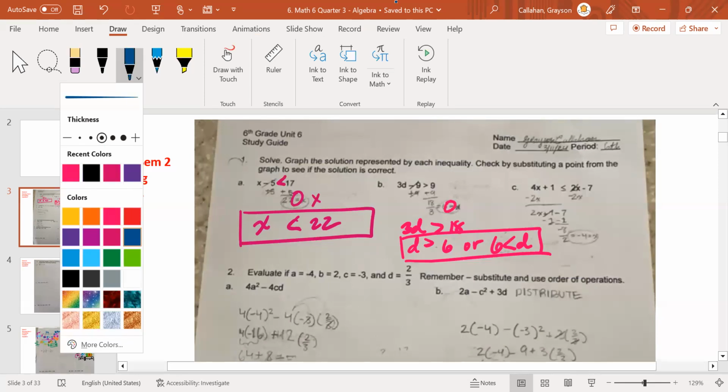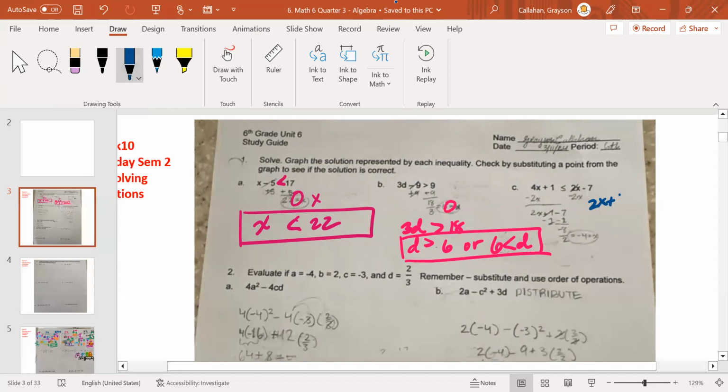Okay, C. Always subtract the smaller x. Good. So 2x plus 1 is less than or equal to -7. Add the 1 on both sides. -7 plus 1 is a -6. Or I'm sorry, you're subtracting 1. Just kidding. -8. Divided by 2, x is less than or equal to -4. Again, sign.